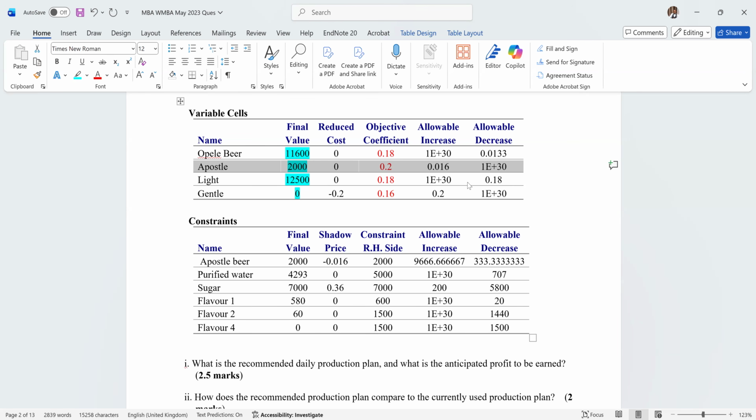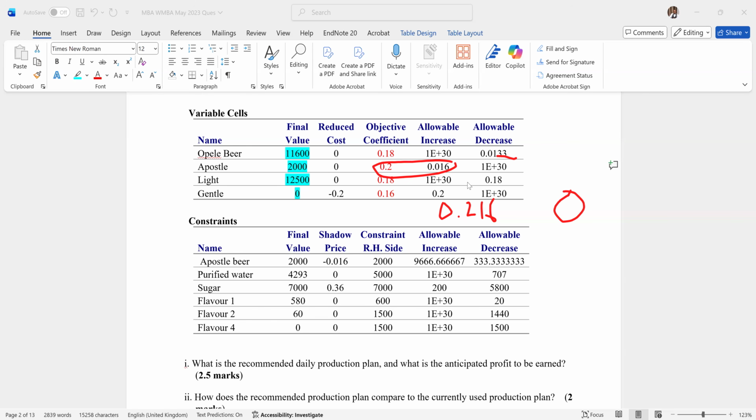The lower part is going to be 0, then the upper part is going to be 0.216. So the coefficient we are having is within that sensitivity range.